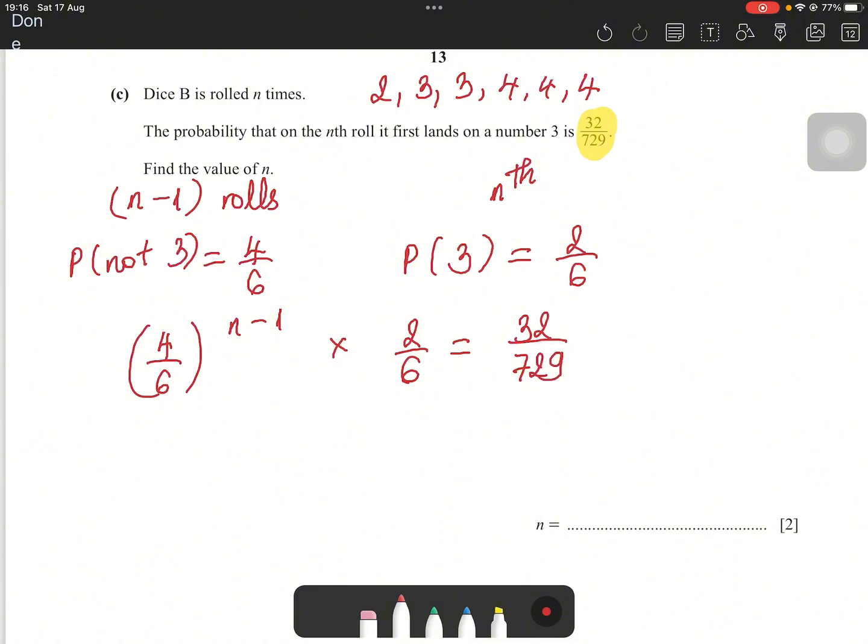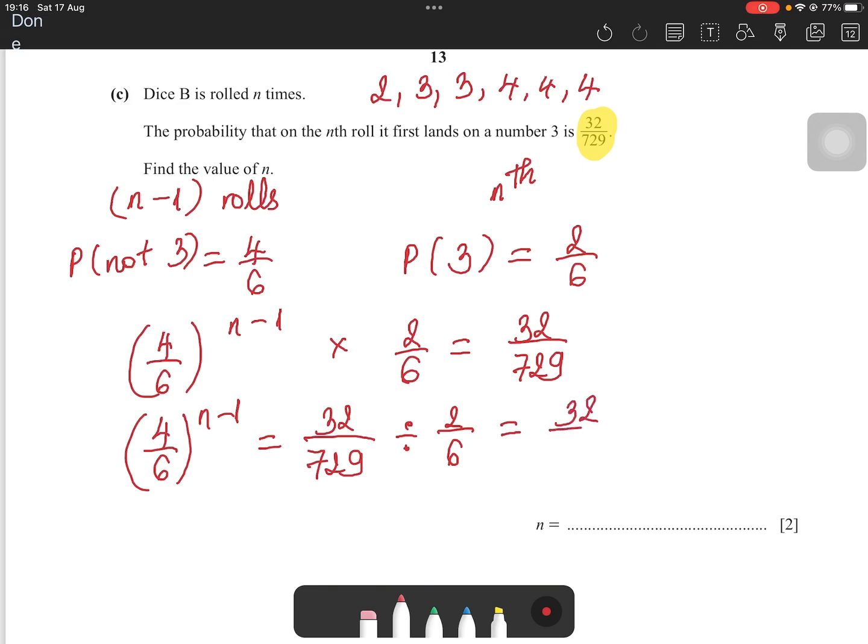So (4/6) to the power of n minus 1 is equal to 32 over 729 divided by 2/6. We divide 2/6 from both sides. So this is 32 over 243.